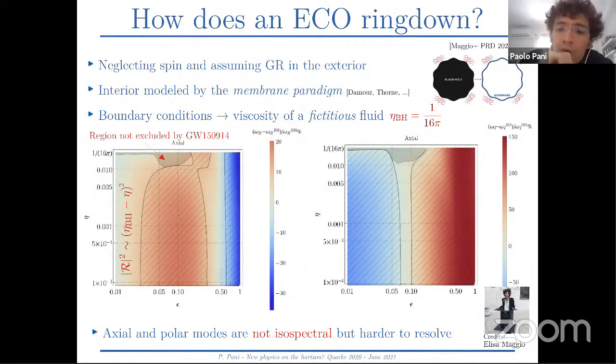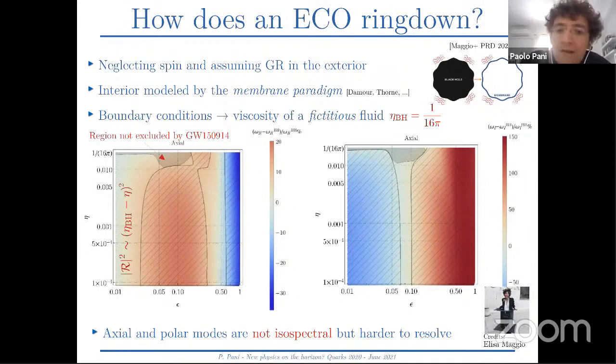Recently, what we have been doing with PhD student Elisa Maggio in Rome and other collaborators was to try to develop a sort of model-independent framework to study the ringdown of exotic compact objects. And the idea here is to use the black hole membrane paradigm. In the black hole membrane paradigm, the horizon is replaced by a fictitious fluid, a membrane made of a fictitious viscous fluid, and all properties of the horizon are mapped to physical properties of this fake membrane.